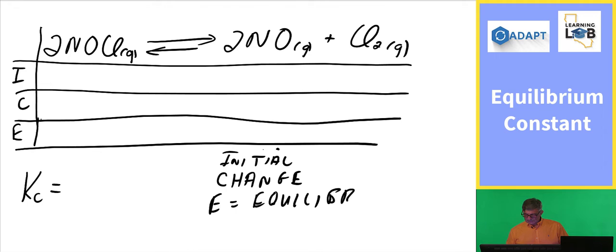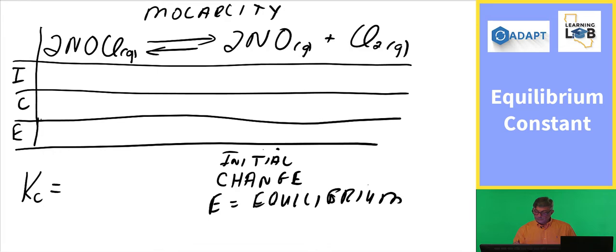And from this, we are going to determine the equilibrium constant. So we're going to build this table. I am titling it in molarity. Let's fill in the information that we are given in our problem.